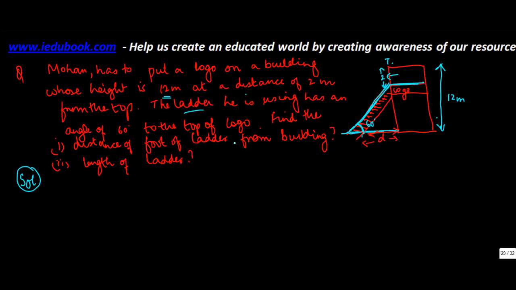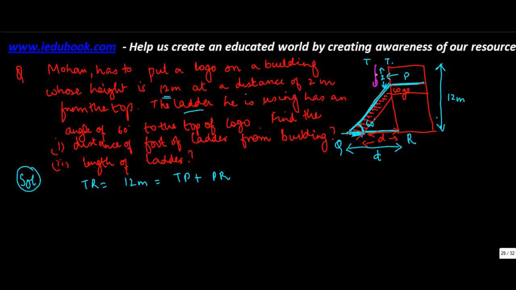Find the distance of the foot of the ladder from the building. So you need to first find out the distance of the foot of the ladder from the building. So you have to find this thing. Right? Now if you see, this total distance is 12 meter. Let's call this T. Let's call these points P, Q, R. Now we know that TR is equal to 12 meter, which is equal to TP plus PR.